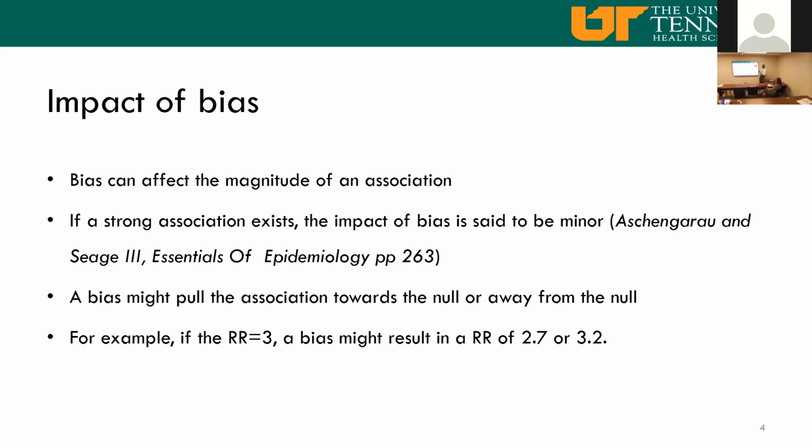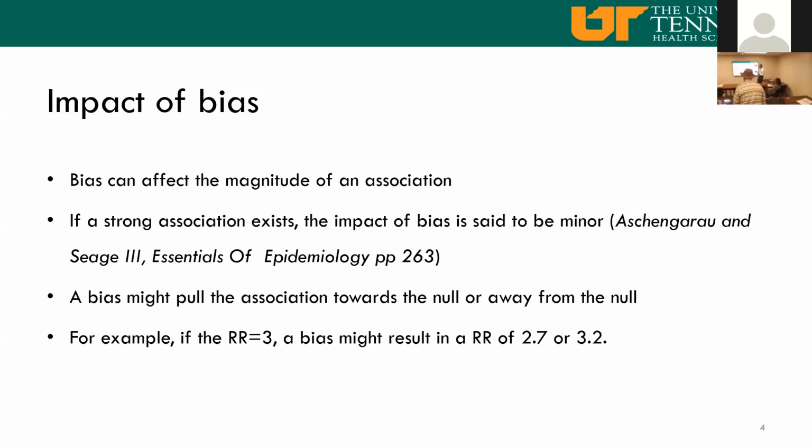For example, looking at the association between wearing protective ear devices and hearing loss, wearing the protective hearing device reduces the risk of hearing loss. So the relative risk is below 1.